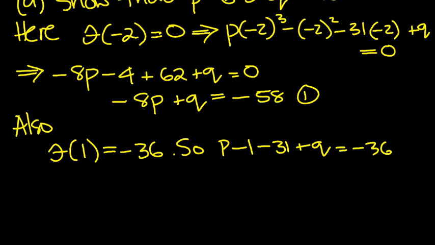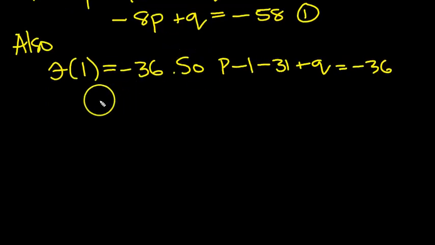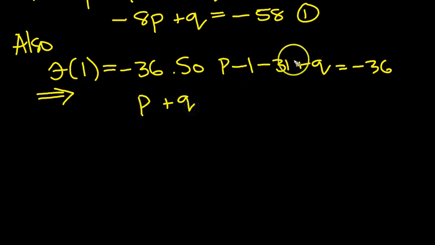So let's tidy that up then. So that implies that we've got p plus q. And then we've got −32 here, see it? Move that over to +32, and then it's 32 − 36, which is −4, and that's number 2.